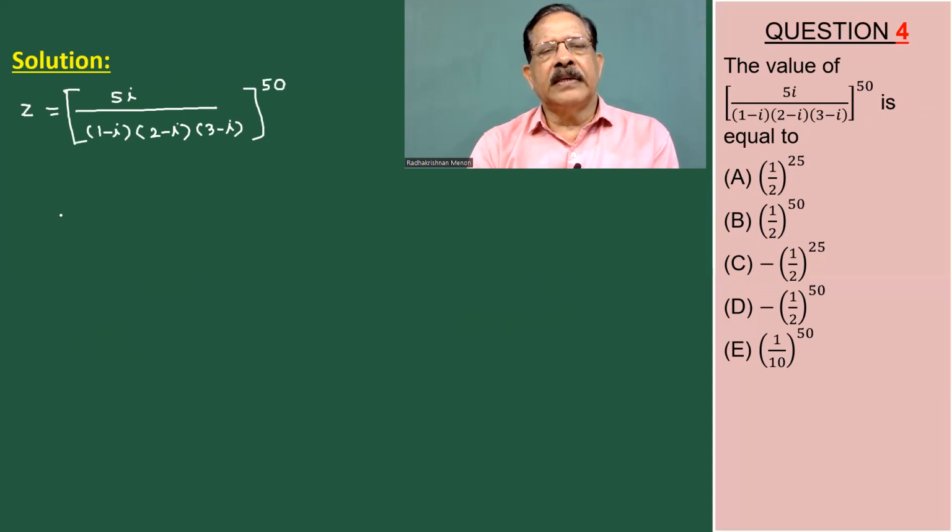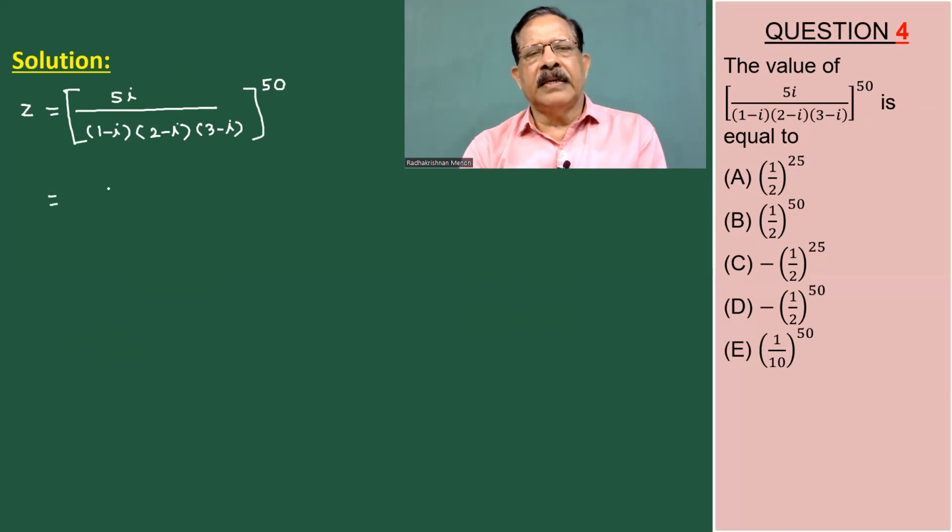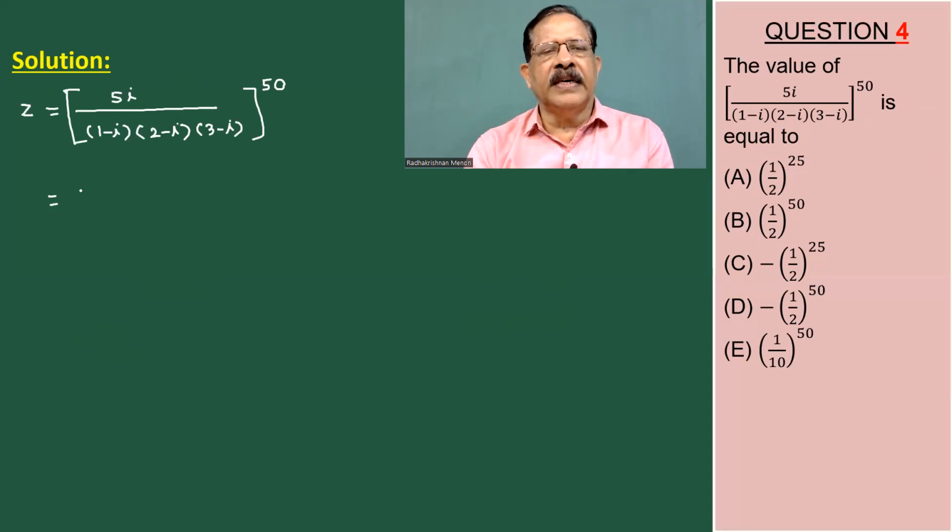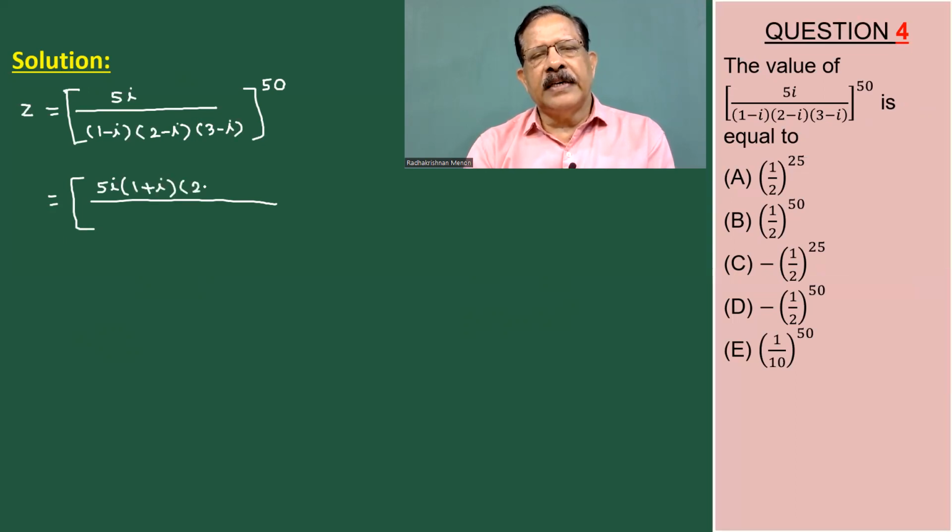The usual method: we multiply numerator and denominator by the conjugates of the denominator. So in the numerator, we have 5i into the conjugate of 1 minus i, which is 1 plus i; the conjugate of 2 minus i is 2 plus i; the conjugate of 3 minus i is 3 plus i.